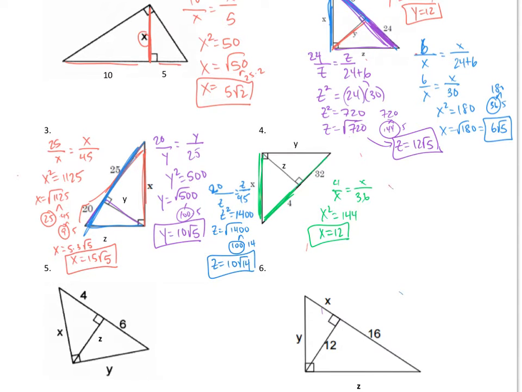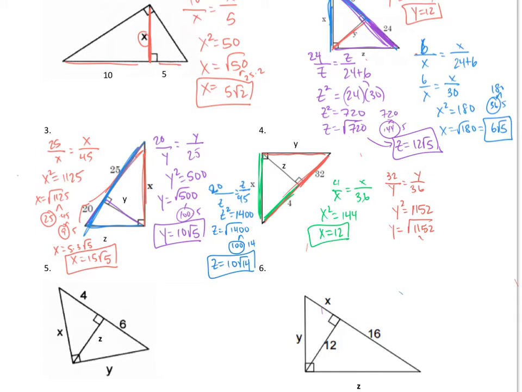Y, if that's our geometric mean, again, it's the part of the hypotenuse next to it, 32, and the whole hypotenuse, which was 36. So we end up with y squared equaling the 36 times the 32, which comes out to be 1152. So y is the square root of 1152, which we can say is 36 times 32, right?